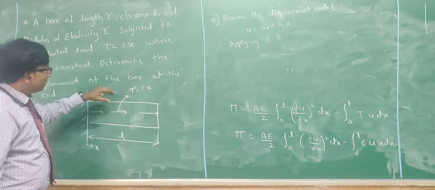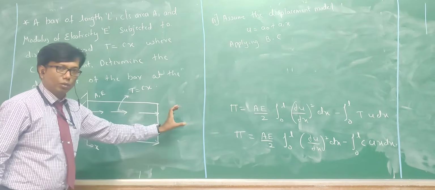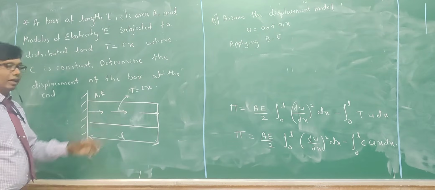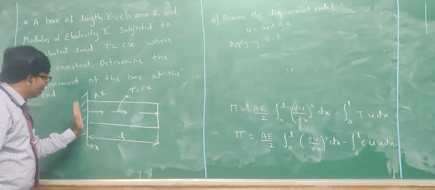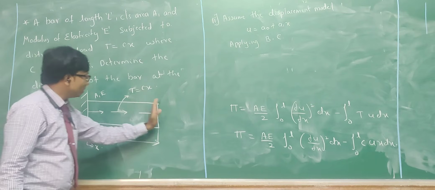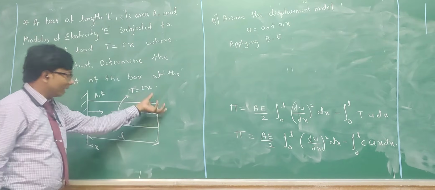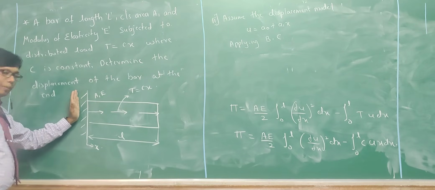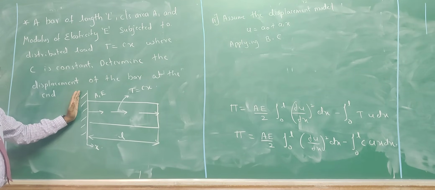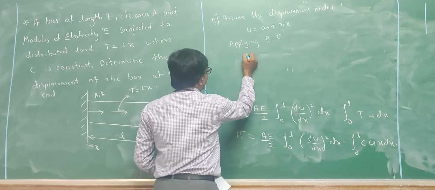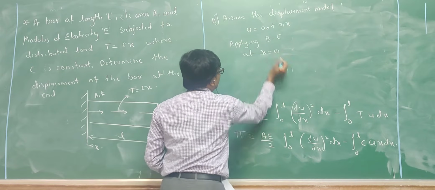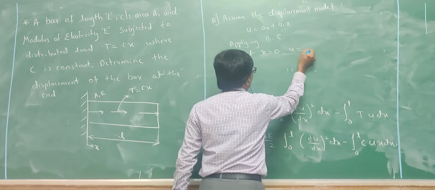As here the overall body is subjected to a distributed load, we can't take that as a boundary condition. Boundary conditions will be only the end conditions. I don't know what is happening in this end, I know only what is happening in this particular end which is fixed. So I'll take only this boundary condition: at x is equal to 0, u is equal to 0.